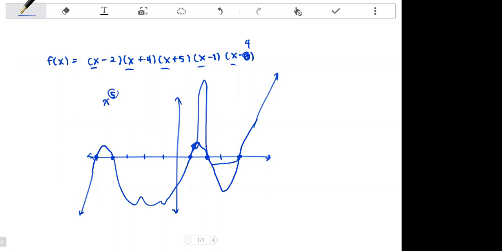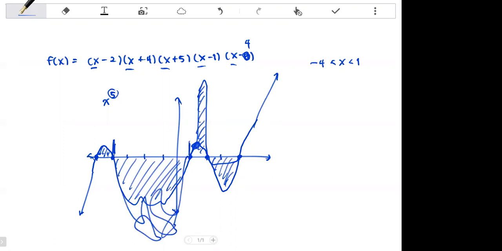But we see here that there's a pattern. If we draw this out, this is always positive, this is always negative, this is always positive, this is always negative, and so on. So our question is, what is the sign between negative 4 and 1? Negative 4 to 1 is right here to right here. Anything can happen here, but it's going to go back to this point, and everything below this is negative.